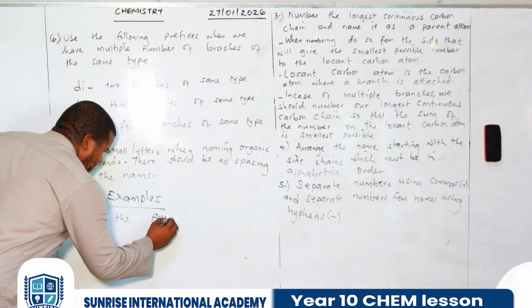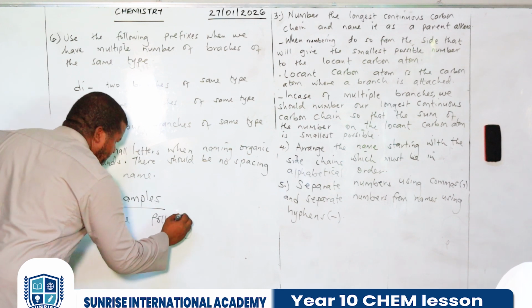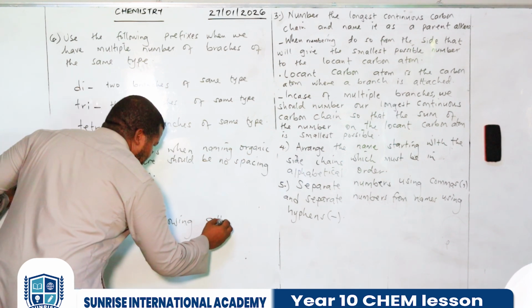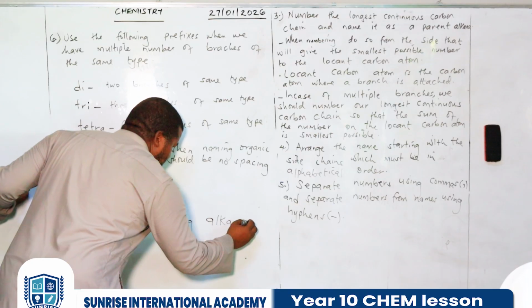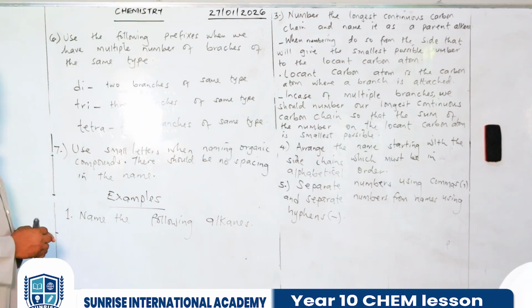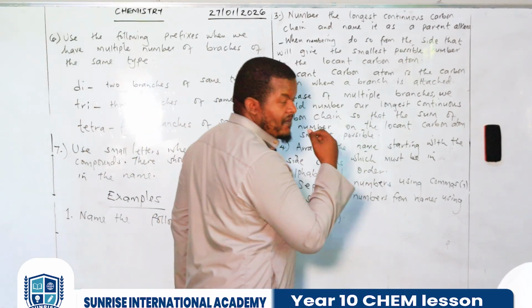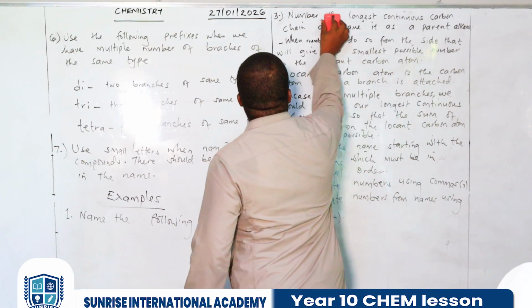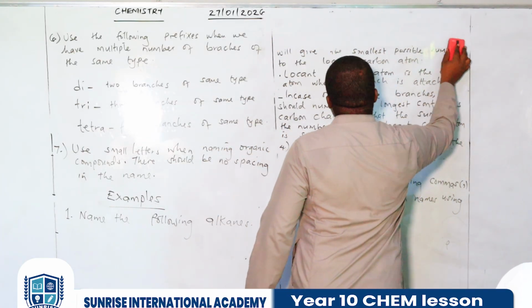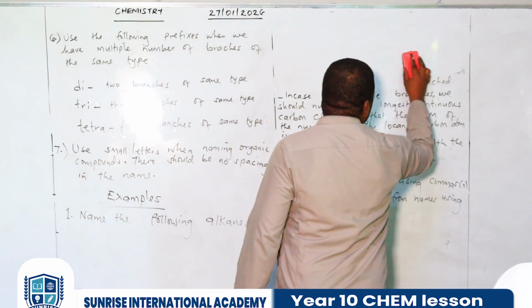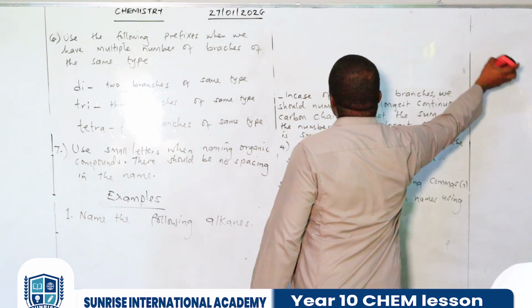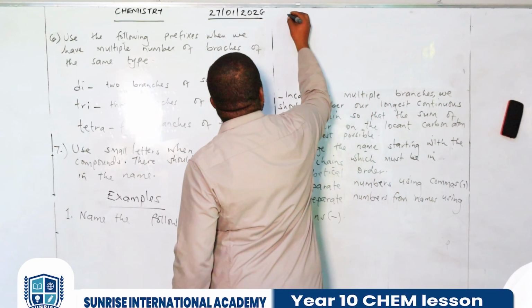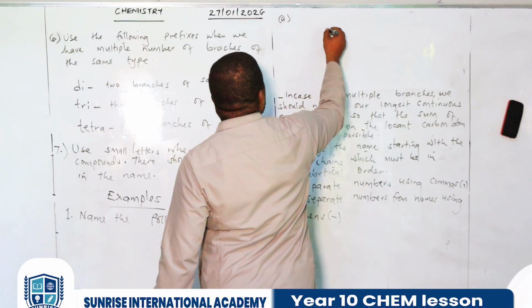Name the following alkanes. The first one, part A. Let me write it up here. A. We have this.